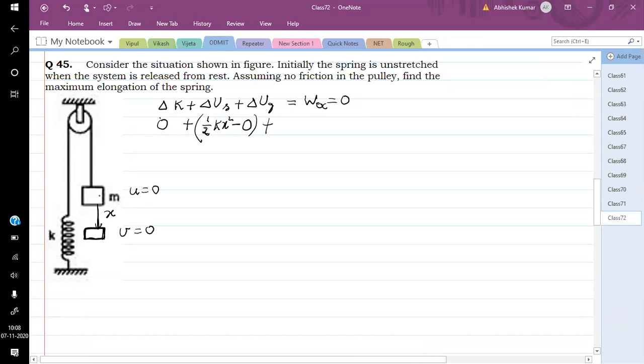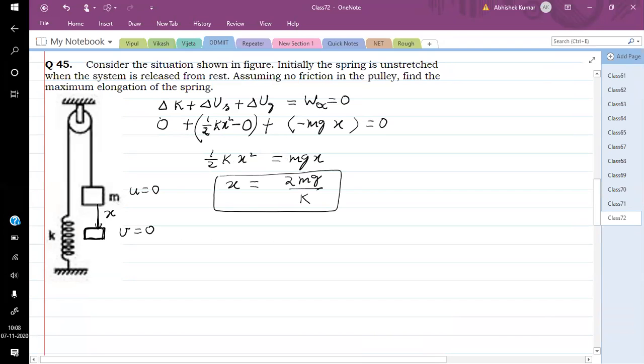So object is descending down by x, so minus mgx equal to 0. So if we solve it, we are going to get half kx square equal to mgx. So x is coming 2mg by k. Okay, so at this point, after this much stretch, the object will stop for a moment and then it will return back. So that is the maximum x, that is the maximum expansion.